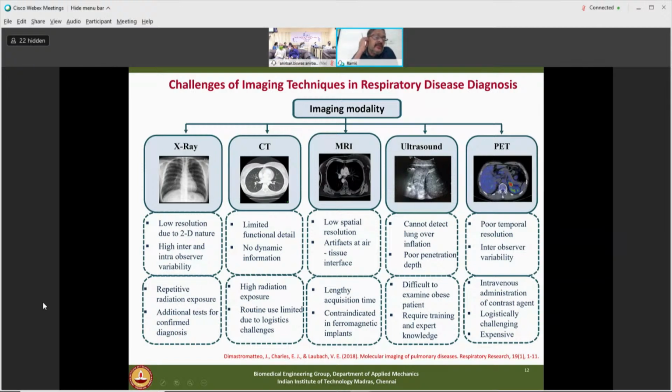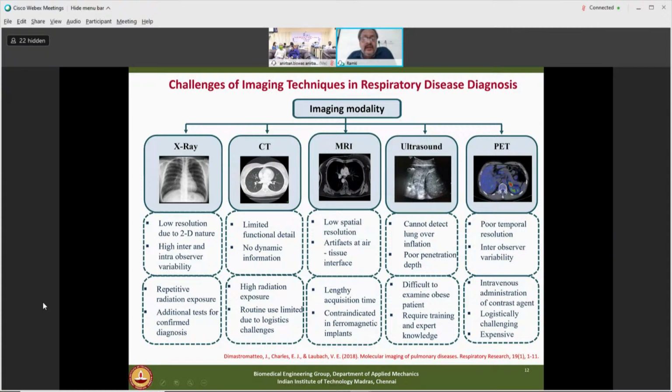X-rays have low resolution, high inter-observer variability, and there is a danger of radiation exposure, and additional tests ought to be performed to confirm the diagnosis. If you look at CT, which is again derived from projected X-rays, it has limited functional details, dynamic information is not present, and the radiation dose is very high compared with X-rays, and it cannot be used for routine use because of some logistics and other issues.